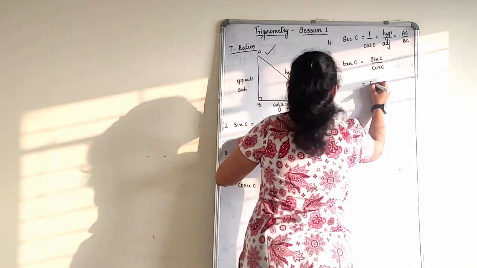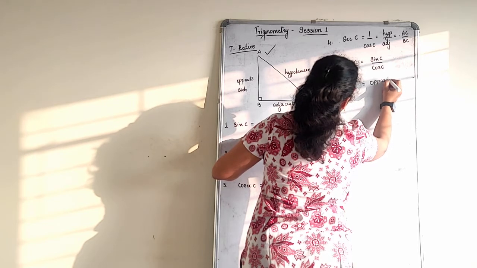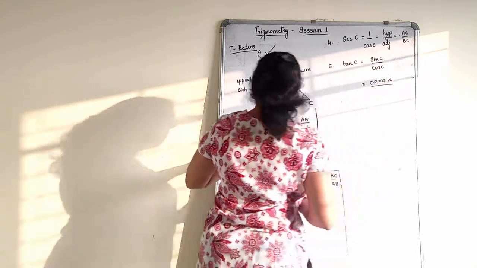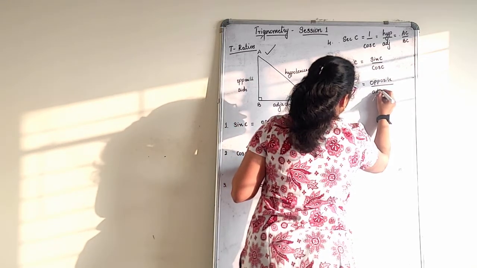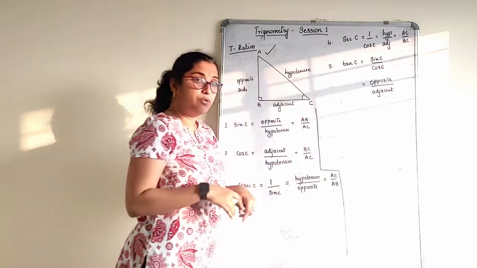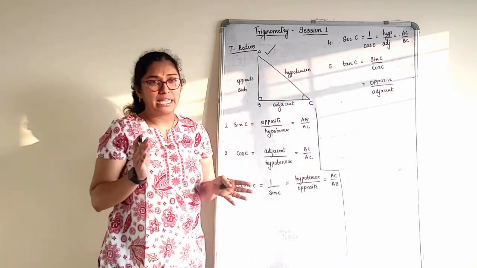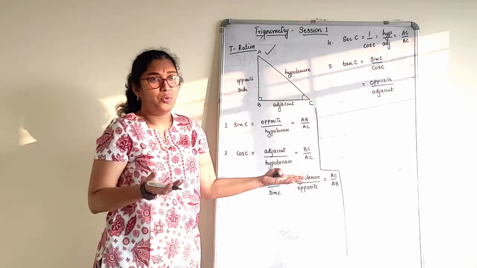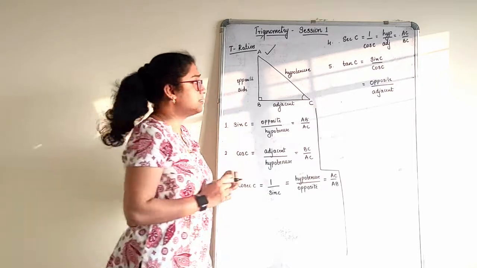We'll just write opposite upon, directly shall I write adjacent? Why? Because it is opposite upon hypotenuse, adjacent upon hypotenuse. Hypotenuse and hypotenuse will get cancelled. You want me to show that? No, it's understood, right? So directly I have written opposite upon adjacent.